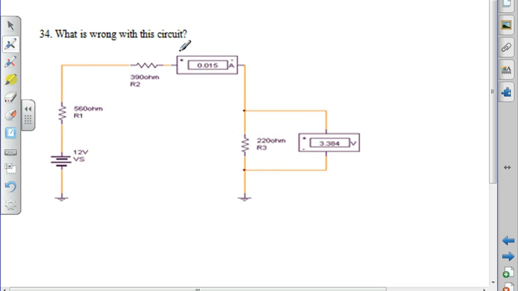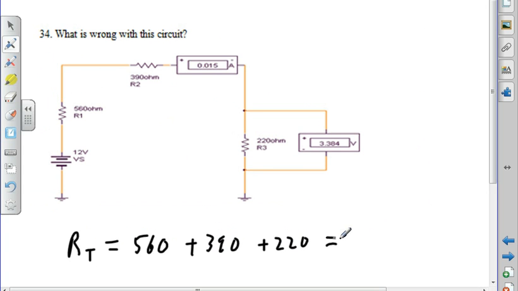Okay, now what's wrong with the circuit? Well, my total resistance is 560 plus 390 plus 220, which is 1170.